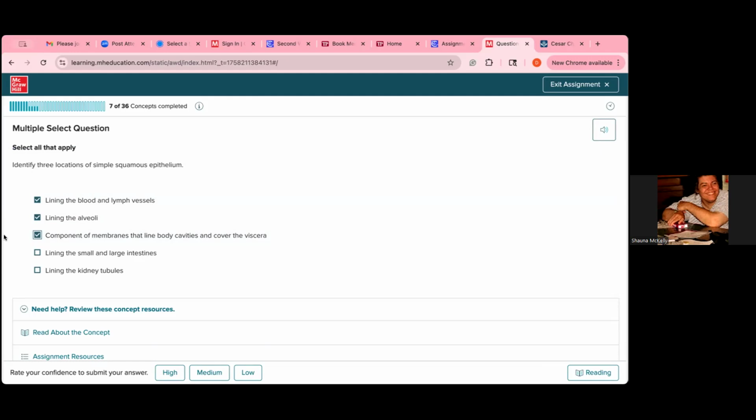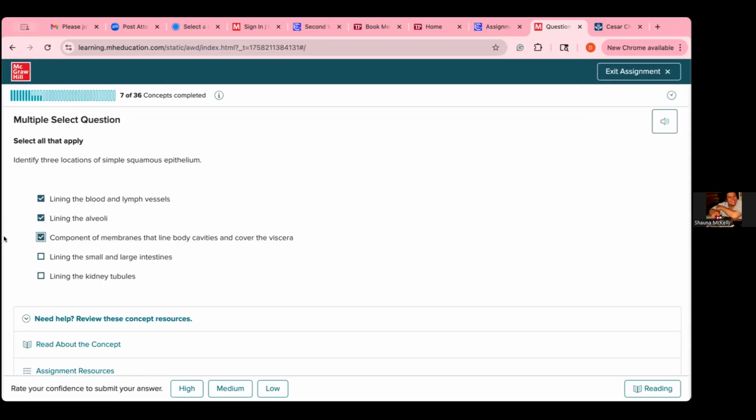Lines the small and large intestine, no. And it lines the kidney. I don't know about the kidney tubules. I'm not sure. I don't think it does, but let me see.